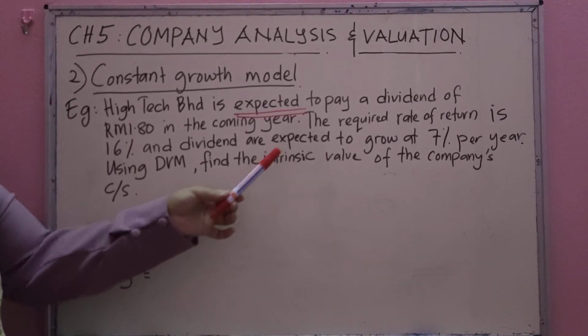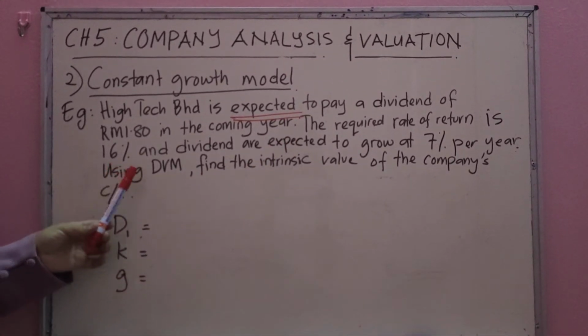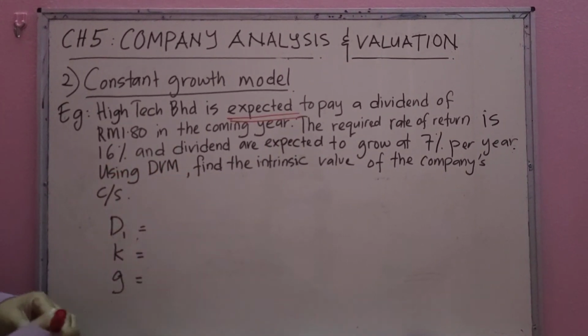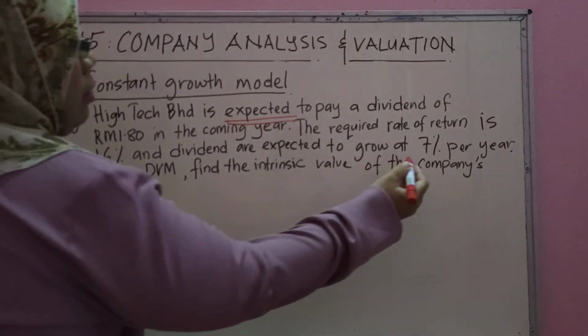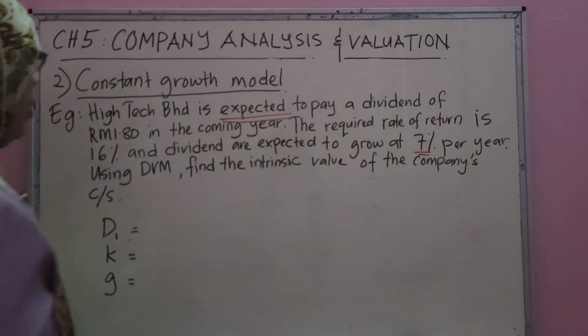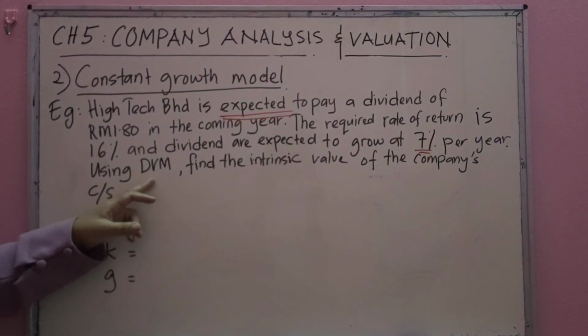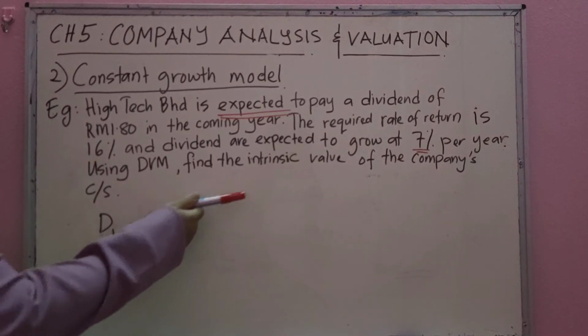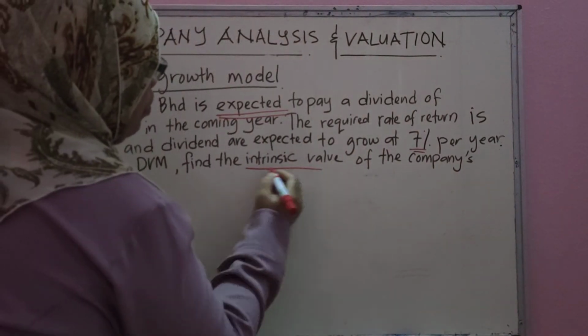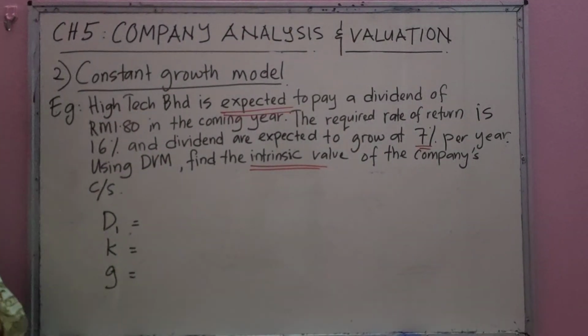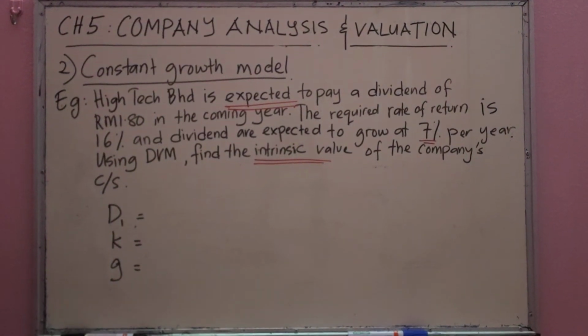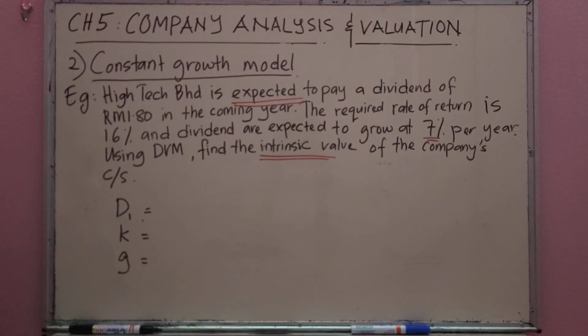The required rate of return is 16%, and the dividend is expected to grow at 7% per year. Using the dividend valuation model, find the intrinsic value. Intrinsic means the real value of the shares of the company, the common stock.